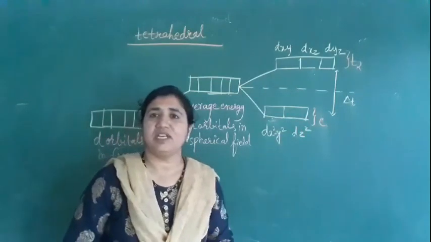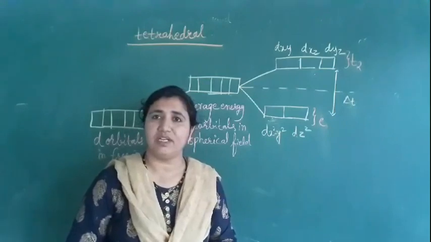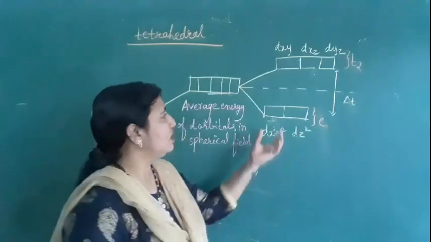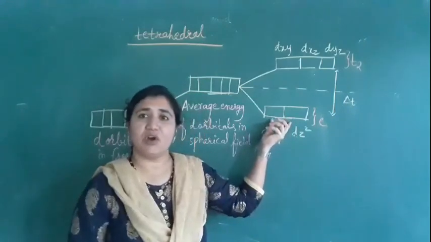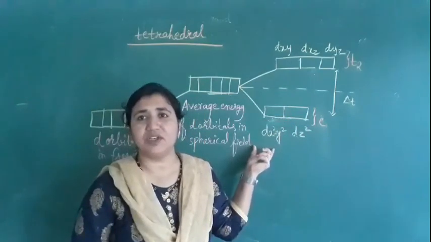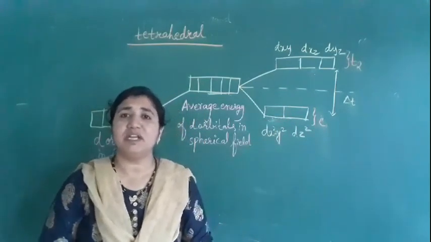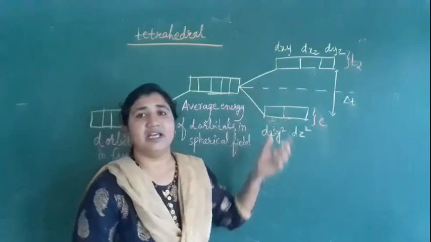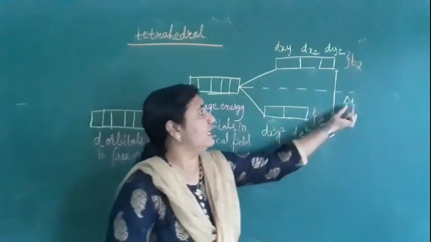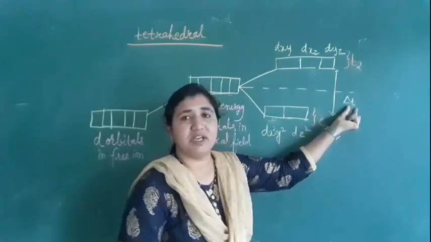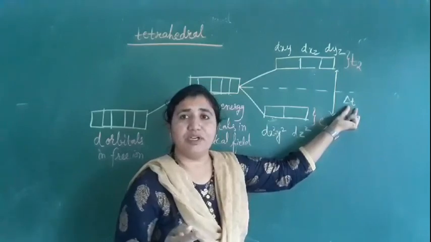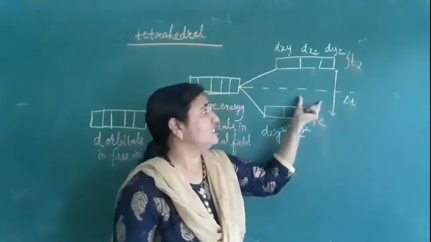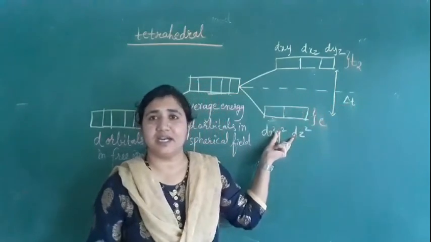Filling of electrons takes place the same as in octahedral, but now the sets are different, so according to that you have to write the electronic configuration. Splitting in tetrahedral is less. This is denoted by delta T here, and delta O is for octahedral. This splitting is less in tetrahedral.